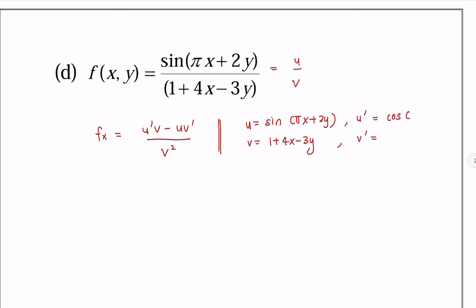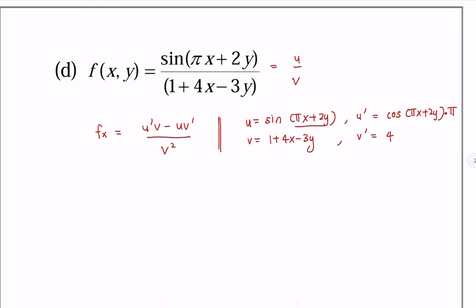Again this is the chain rule, so we differentiate inside, with respect to x, so it will be π, multiplied with π. For v' this time, 1 is 0, 4x is 4, and −3y is 0.